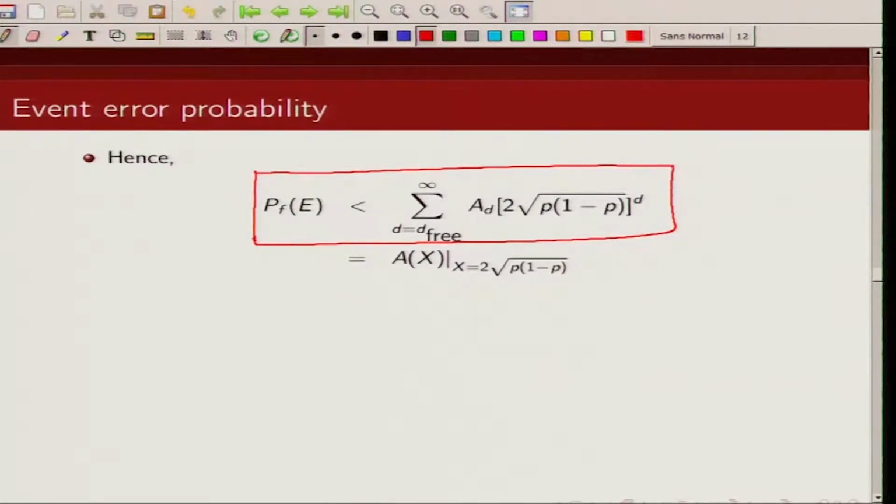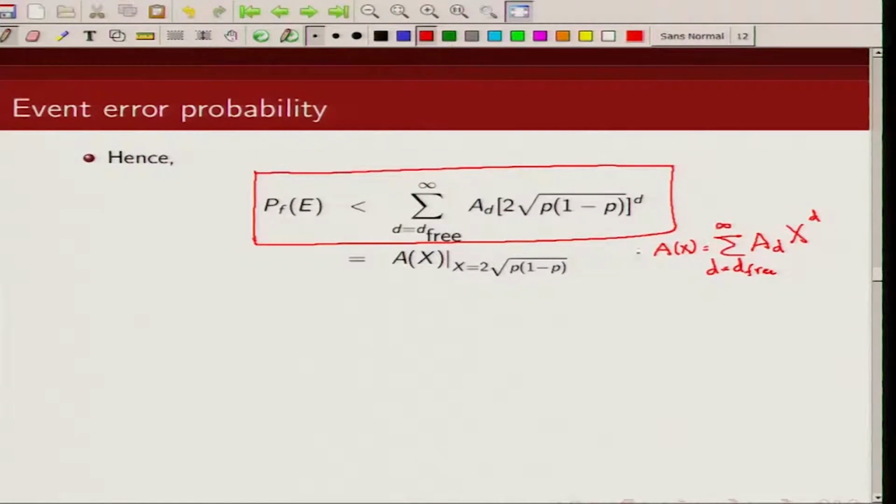Now, what we are going to do is, we know our weight enumerating function. So, it will give us the distribution. If we have some weight enumerating function, it essentially will give us, from d equal to d free to infinity, how many code words of weight d are there, and x raised to power d.